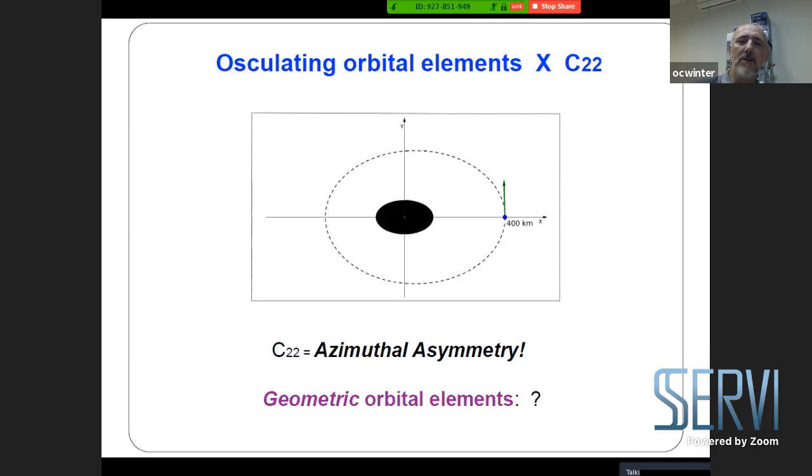The ellipticity is not exactly the same as the oblateness, because you get an azimuthal asymmetry, which does not happen with the oblateness. This asymmetry is going to produce a minimum eccentricity. So the question is, can we find geometric orbital elements for that? The answer is no. We cannot, because you will always have some distortion due to the azimuthal asymmetry of the ellipticity. Next one.